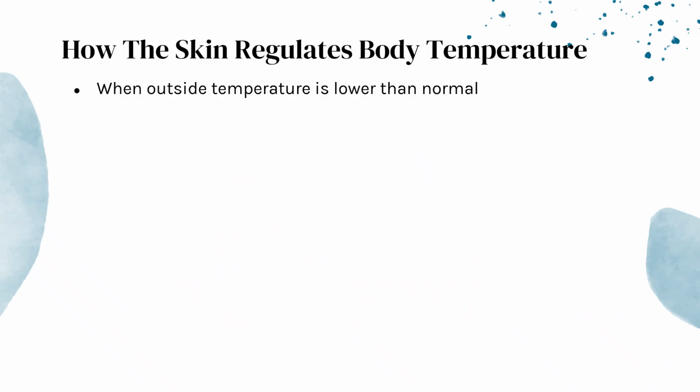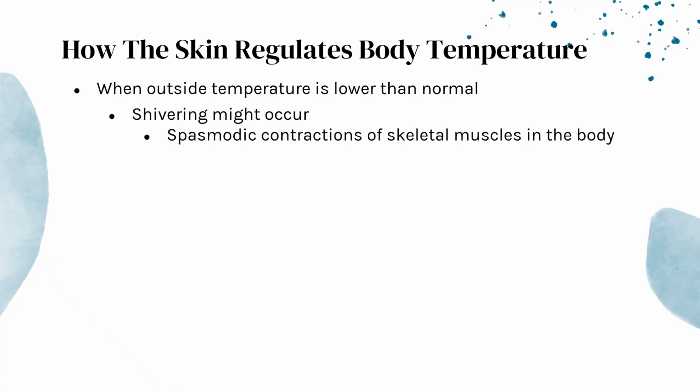Now, when outside temperature is lower than normal, there is also one more thing that will occur, which is shivering. Shivering is a spasmodic contraction of skeletal muscles in the body. It means the muscles are contracting involuntarily. You cannot control it. It will be automatic.